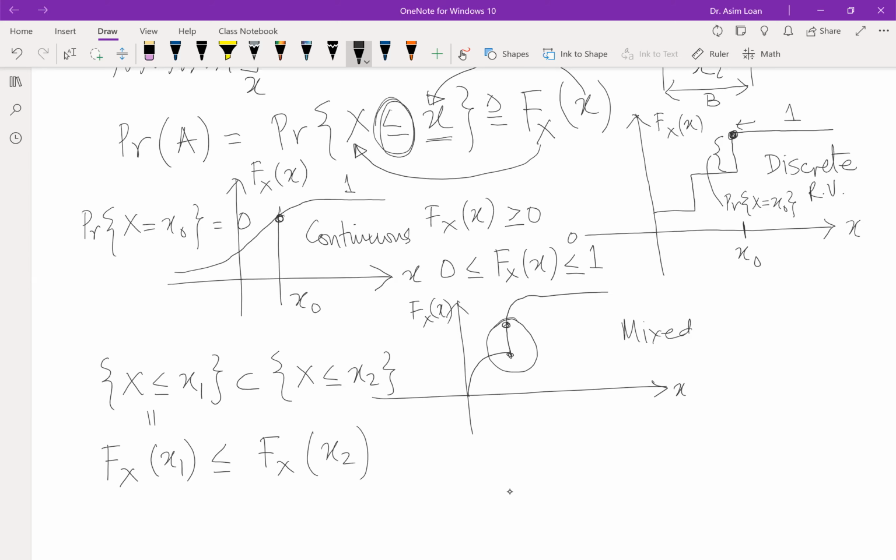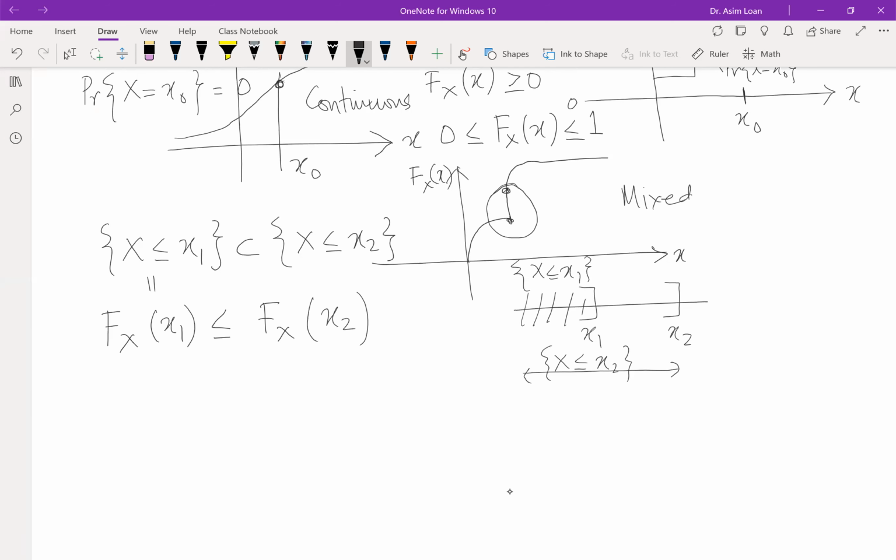So maybe x1 is over here, x2 is over here. X less than or equal to x1 is this portion, and X less than or equal to x2 is this portion. So obviously the first one is a subset of the other. This means this is a cumulative function and it's adding up. So you also know, from your discrete random variable case, the probability of x1 less than X less than or equal to x2 is F_X(x2) minus F_X(x1).